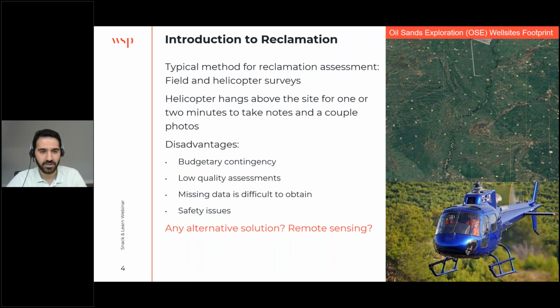And finally, there are lots of safety issues with these types of approaches. Because of those disadvantages, it's been a while that companies were looking for alternative solutions like remote sensing, to see if those helicopter surveys can be replaced by advanced remote sensing methods.